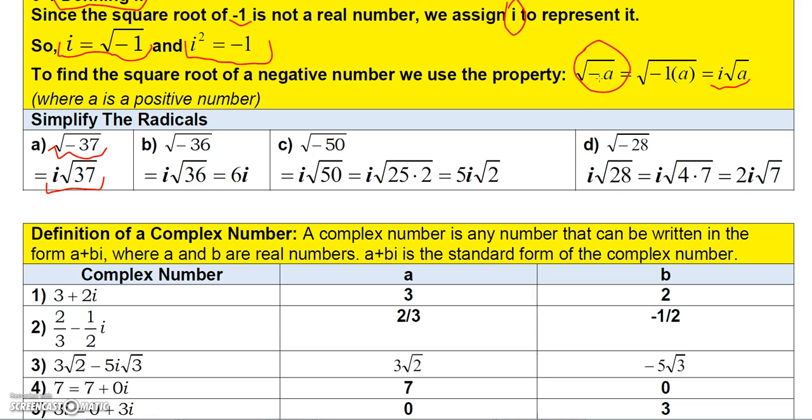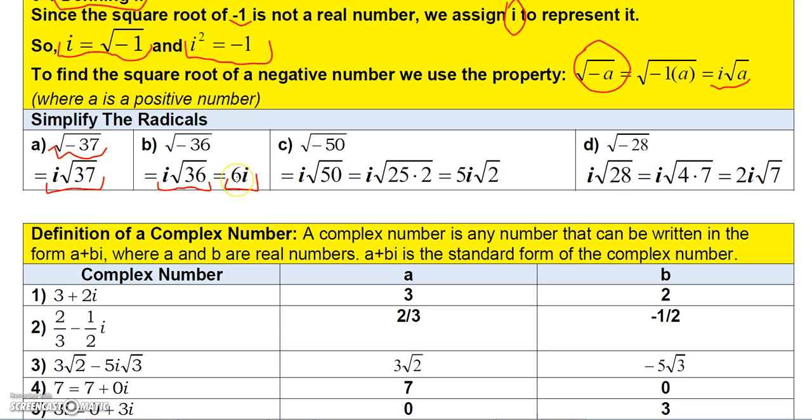Anytime you have the square root of a negative number, you can write that as i times the square root of the positive number. So here I have the square root of -36, and I can write that as i times the square root of 36. And since the square root of 36 is 6, I'm going to call that 6i.